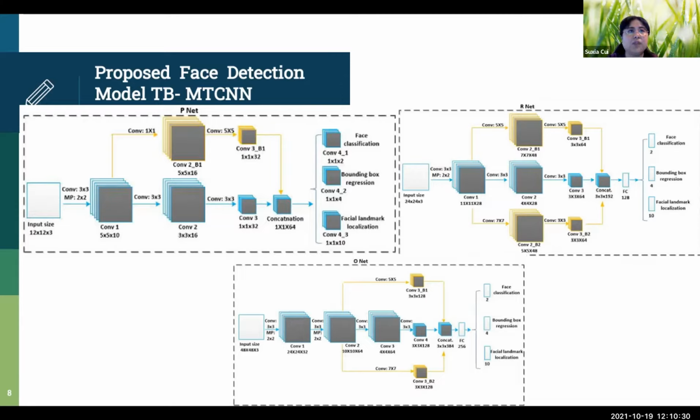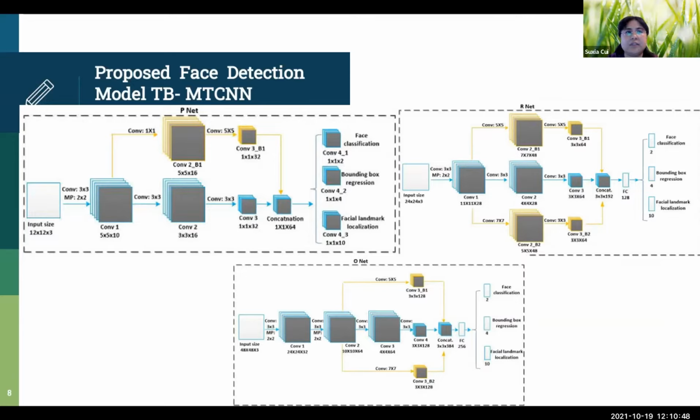The trunk network learns facial features from blurry historical film images, while the branch networks learn the facial features from the low-level feature map generated from the trunk network.